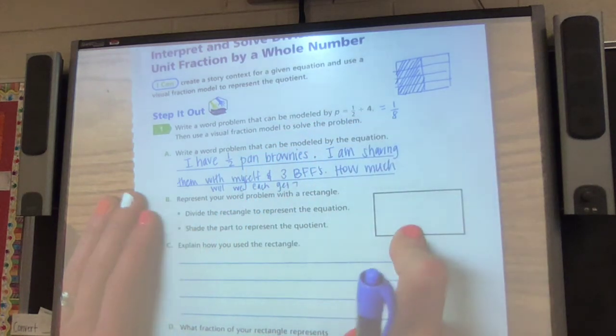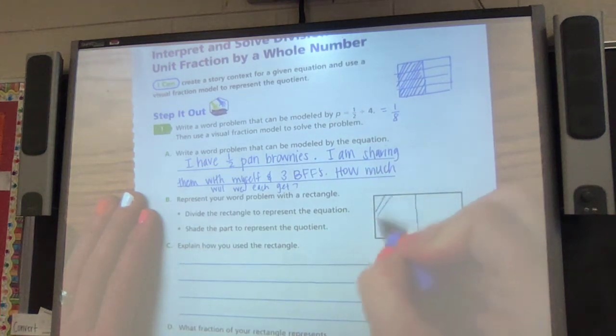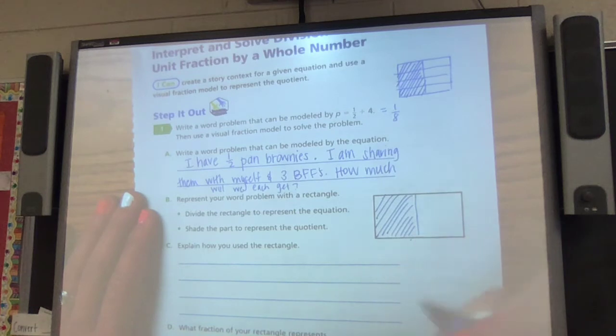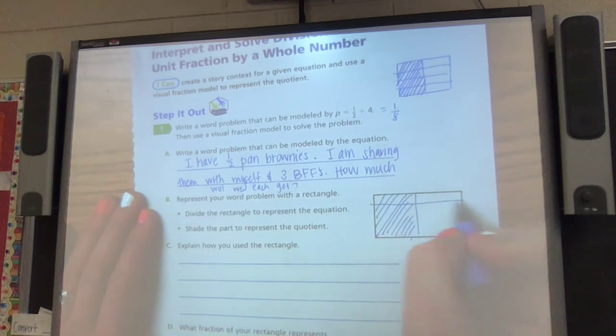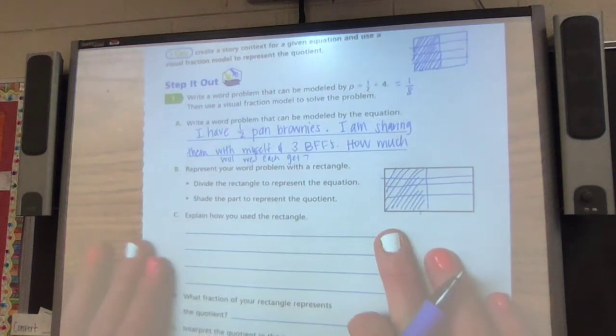Oh, and here's where we can draw our picture. Represent it with a problem. So here we go again. Here's our half pan of brownies. And then 1, 2, 3, and 4. How did we use that rectangle?